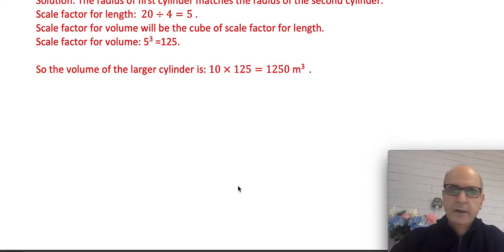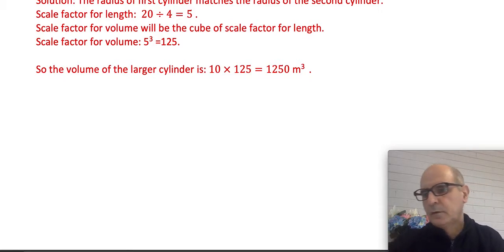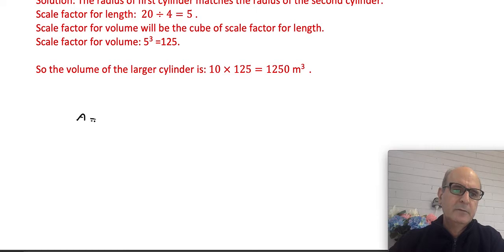If you look at a triangle, the formula for area is area equals half times base times height.